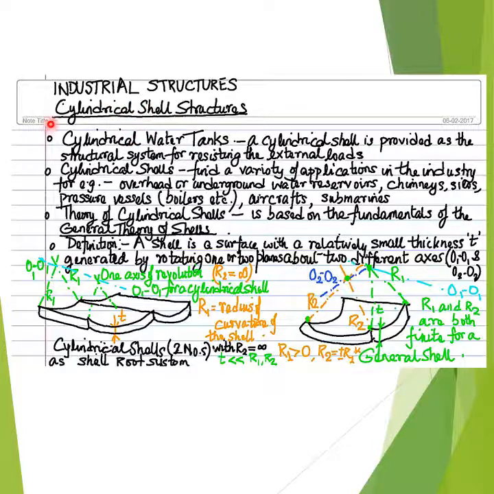An example that is most commonly found in the civil engineering industry of the cylindrical shell structure is a cylindrical water tank, in which a cylindrical shell is provided as the structural system for resisting the external loads.